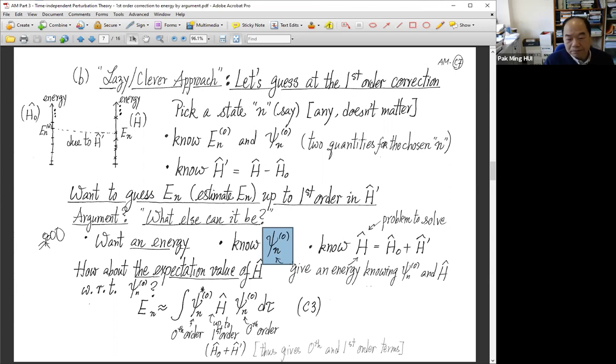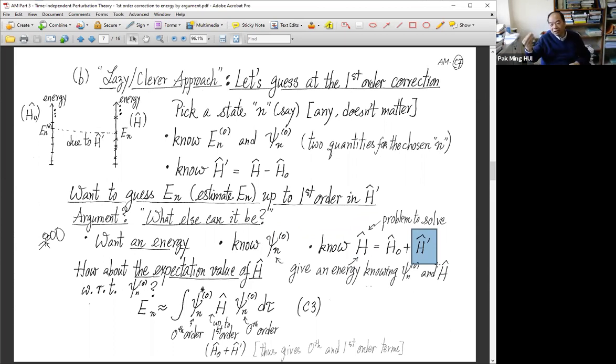We know that. And then you are given the problem to solve. Okay, that is to say the Hamiltonian is known. How could you form an energy out of these things? Okay, you know the unperturbed state, you know the H, which carries automatically one H prime.